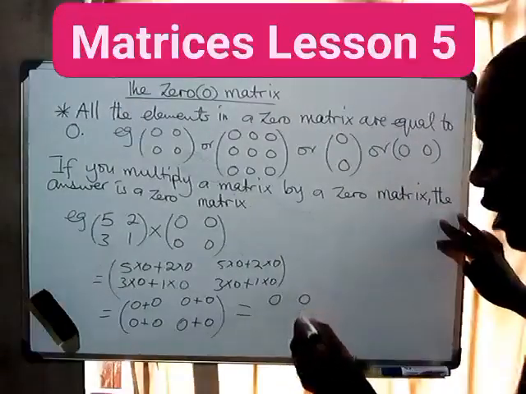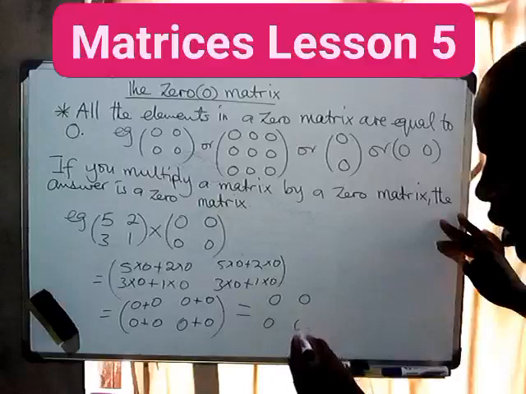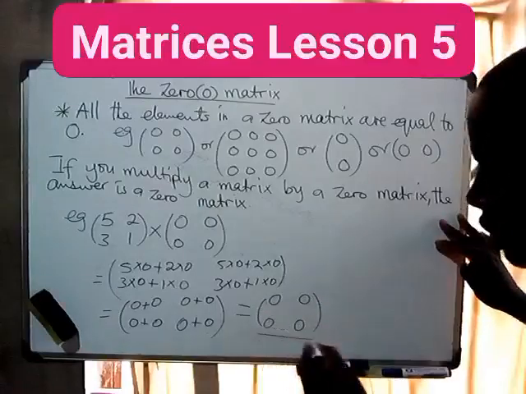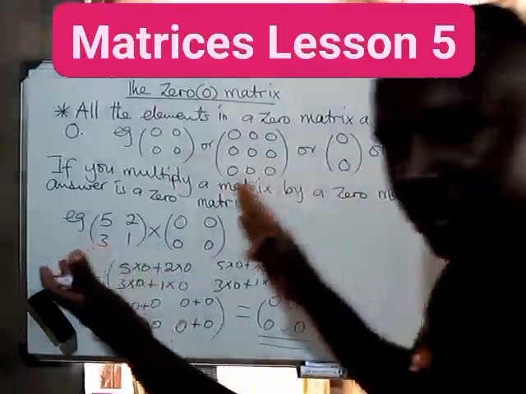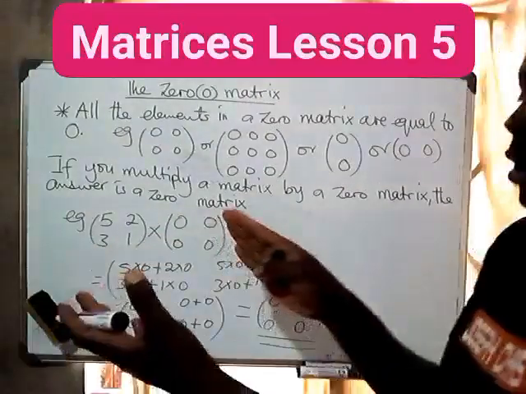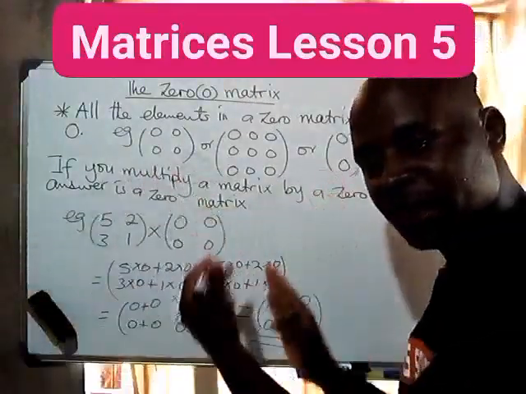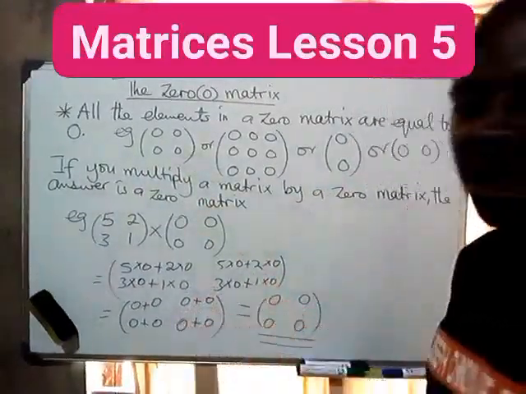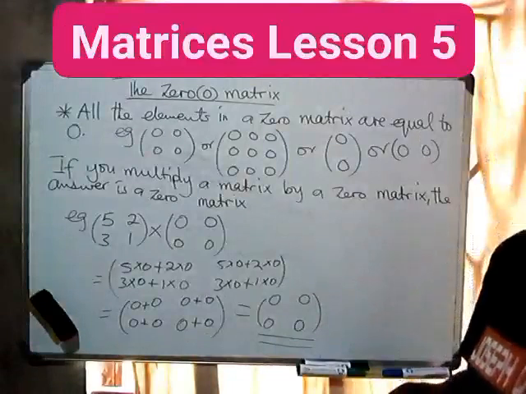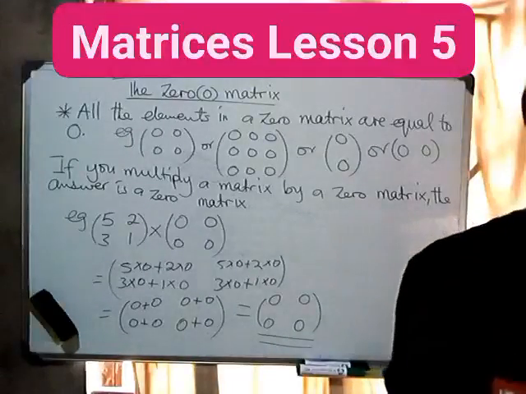So we have a 0 there, a 0 there, a 0 there, and a 0. You see, if you multiply any normal matrix by a zero matrix, you get the zero matrix as your answer. Otherwise, we end here.